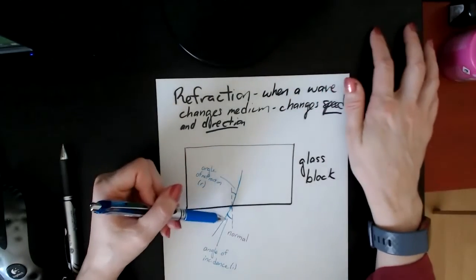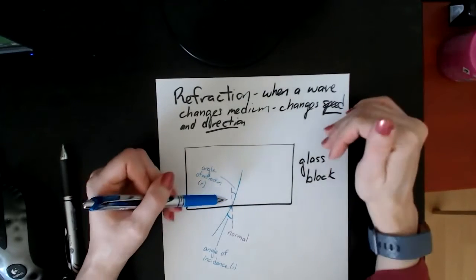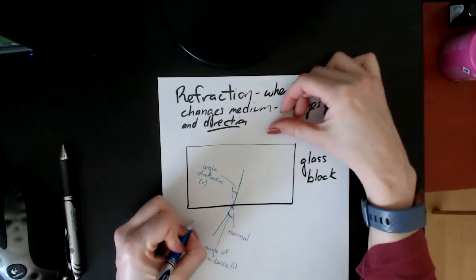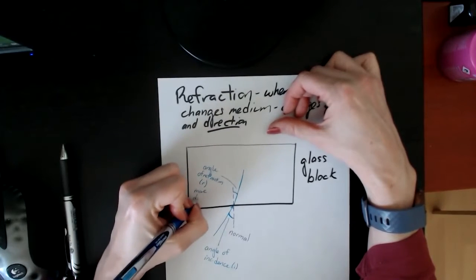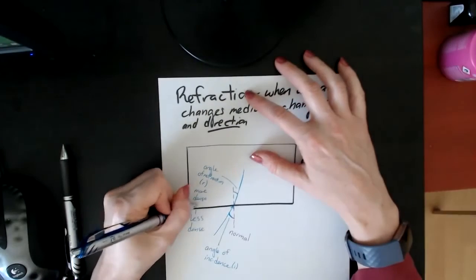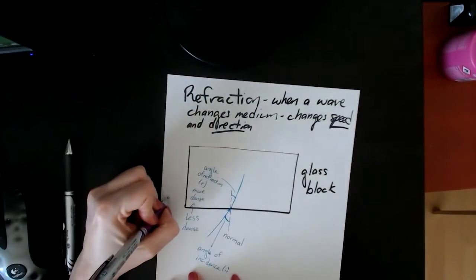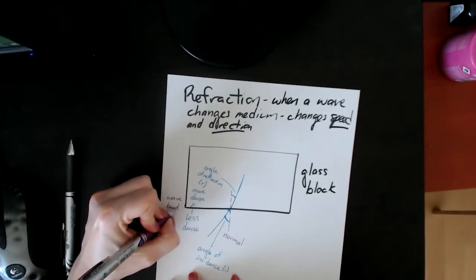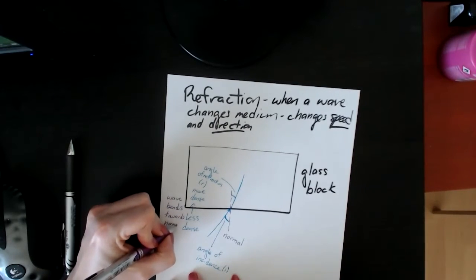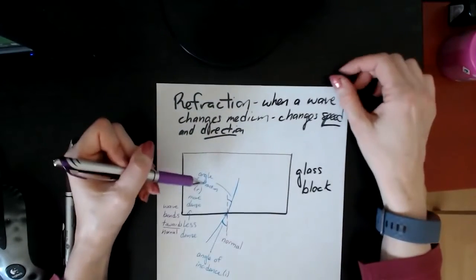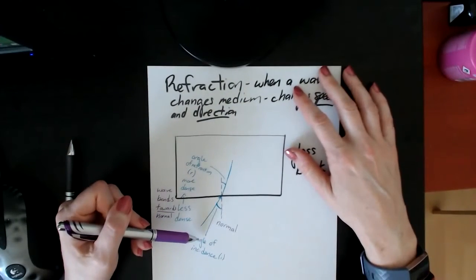But the idea is that because the wave is moving faster in the air than it is in the block, when it moves from less dense to more dense, which would be the glass, the light wave is going to bend towards the normal. So the angle of refraction is actually going to be smaller than the angle of incidence in this case.